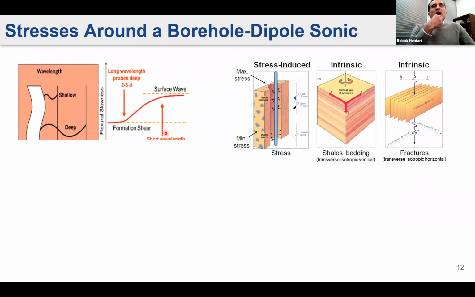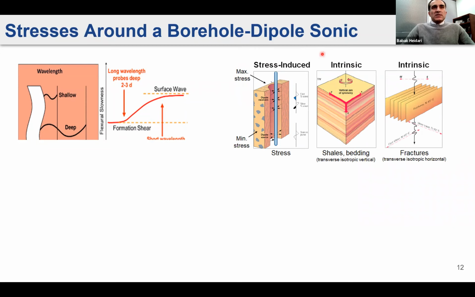How it gets polarized is that whenever the dipole measures shear, the sonic is seeing some anisotropy. It can be intrinsic anisotropy, for example shale layers or fractures, or it can be stress-induced anisotropy.